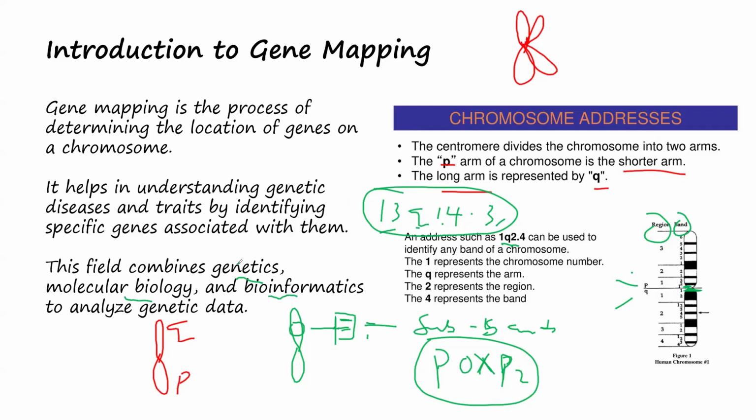That is why, ladies and gentlemen, as students of life sciences, we need to have a good understanding of genetics, molecular biology, and bioinformatics, so that it will help in determining and analyzing the genomic data. So I think this one is clear. First here we define gene mapping, and then we also try to locate the address of the genes.